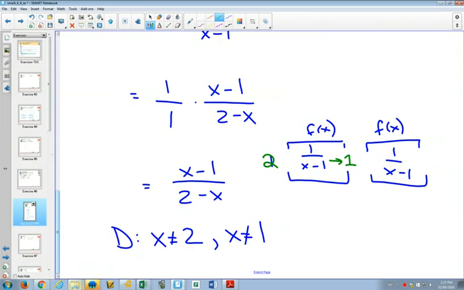A 1's going to come out. And when that 1 goes into the machine again, it's going to break it. So we have a problem that x can't equal 2 or x can't equal 1, because either way, you're going to have that composite function break.